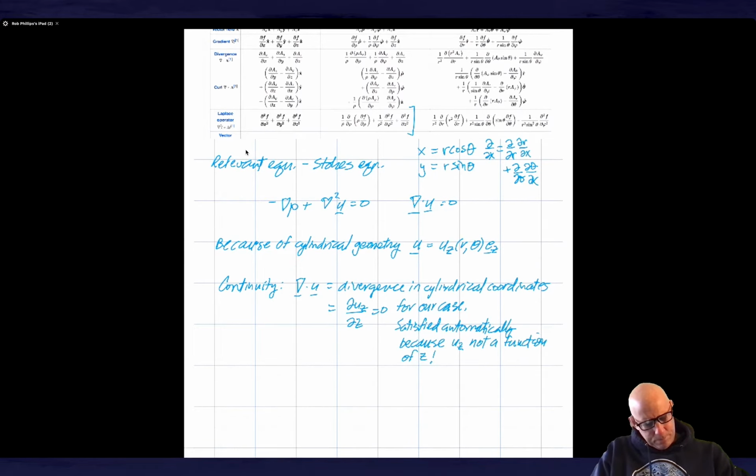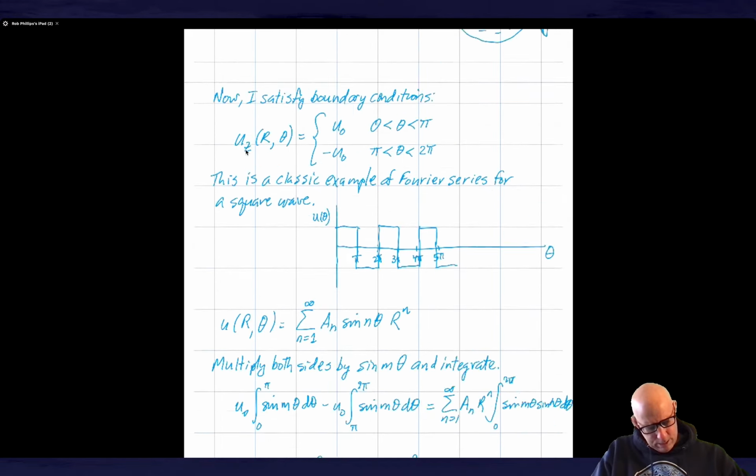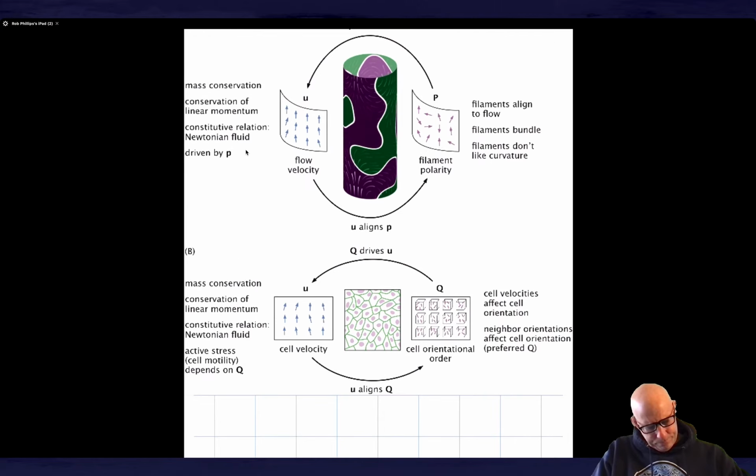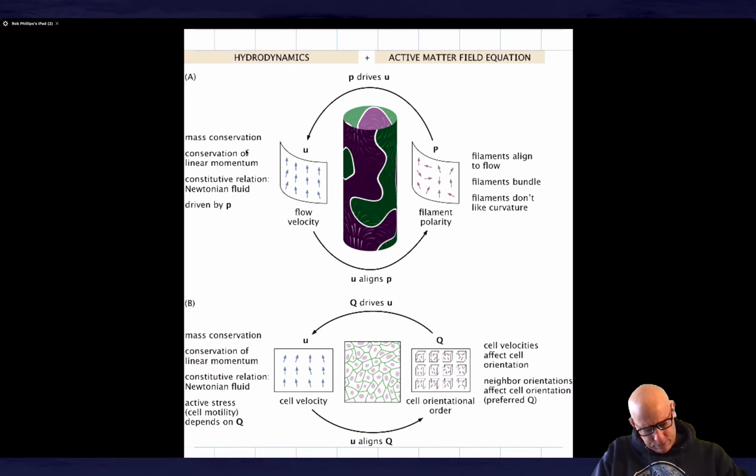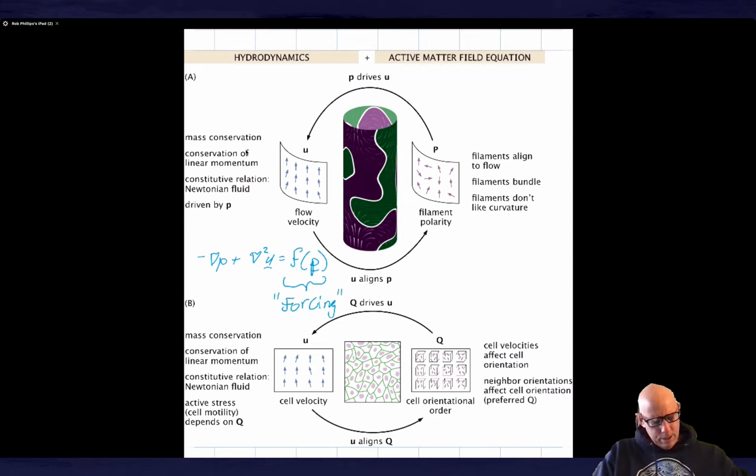So we had this equation. Here's our Stokes equation. And now instead of having 0 on the right-hand side, this is going to be the forcing due to the alignment. So check it out.